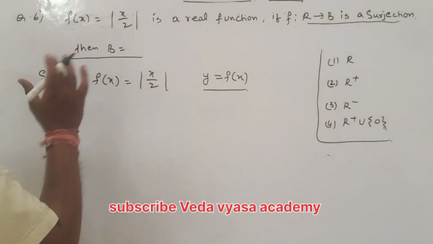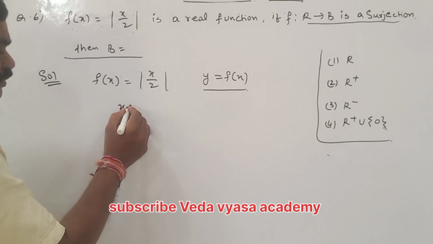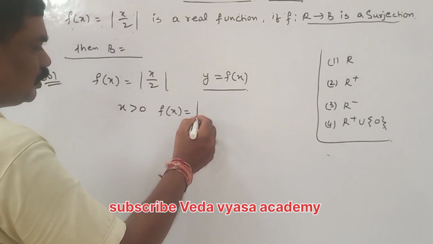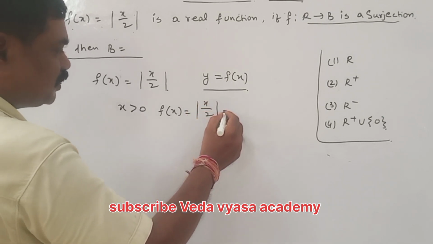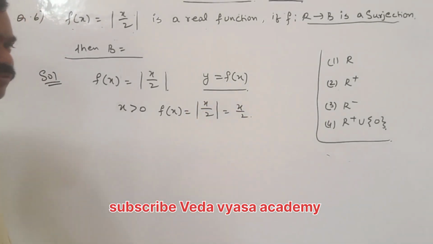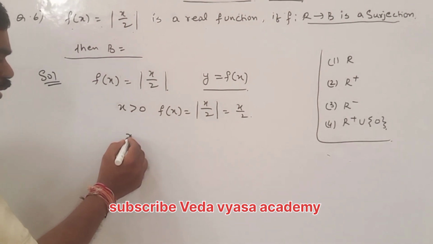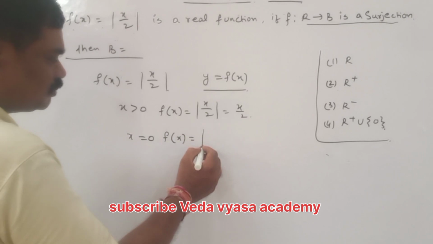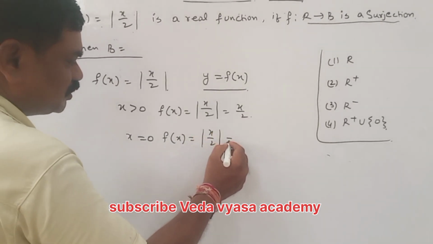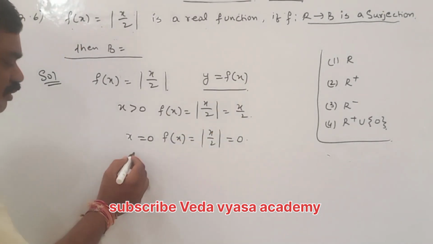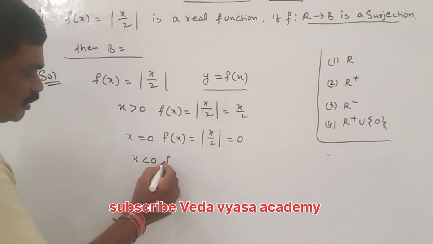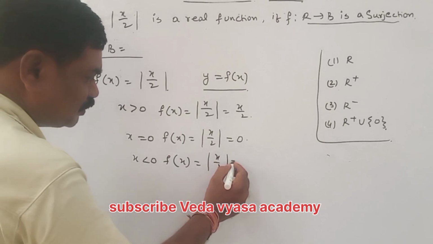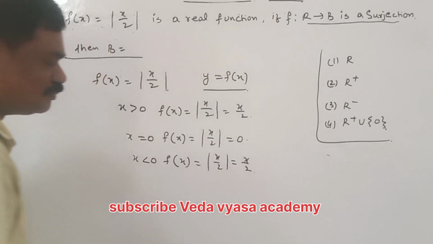Here you take x greater than 0, that is f of x is equal to modulus of x by 2, which is equal to x by 2, a positive value. X is equal to 0, f of x is equal to modulus of x by 2 is equal to 0. X less than 0, f of x is equal to modulus of x by 2, which is positive.